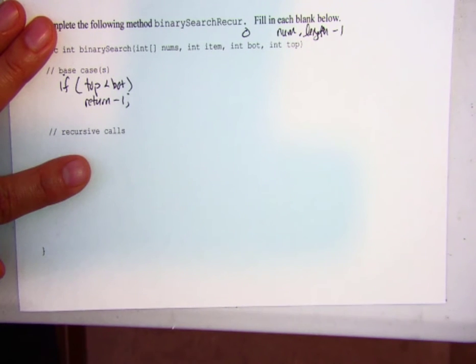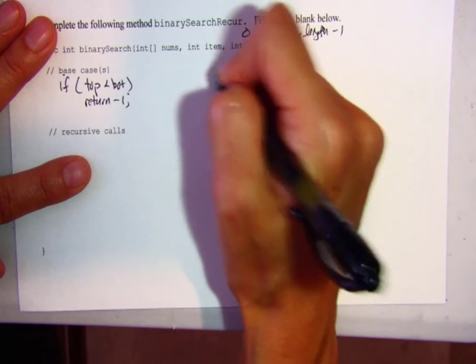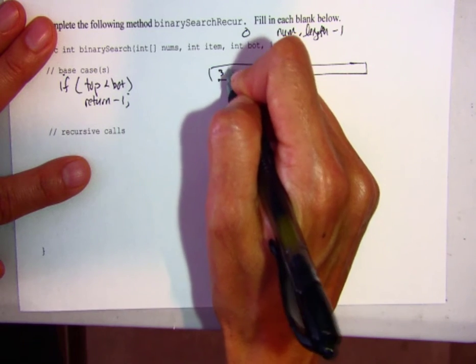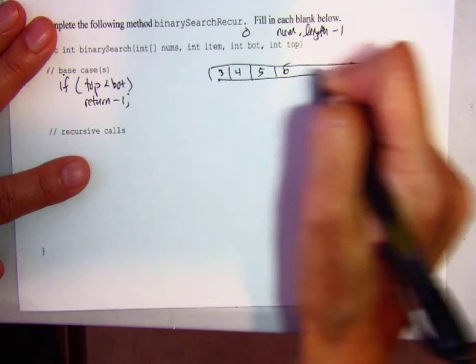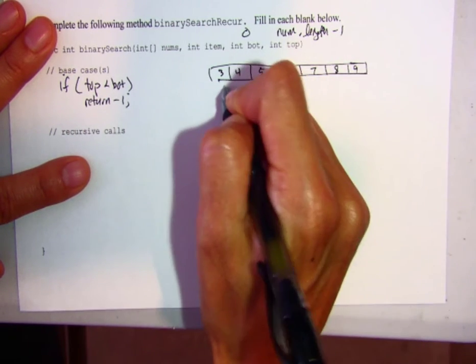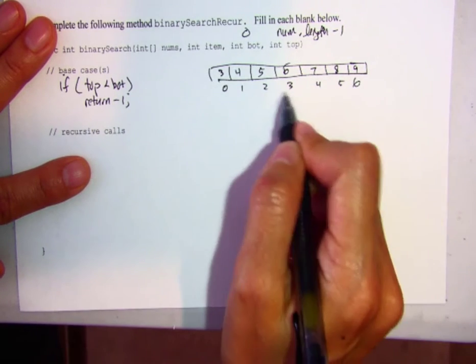Then we check the other base case. Let's make up an array right here, and say we're lucky and we're looking for 6, and it happens to be in the middle.